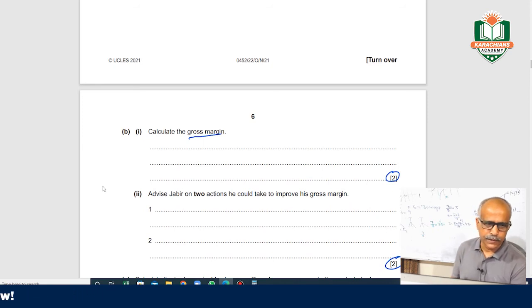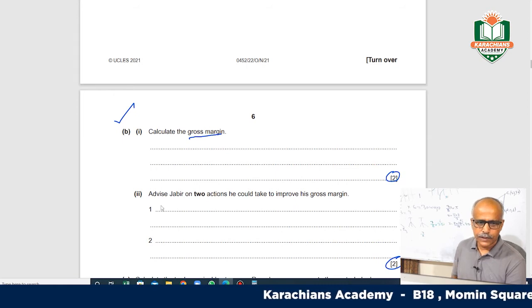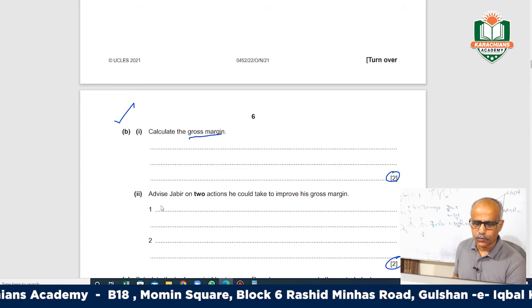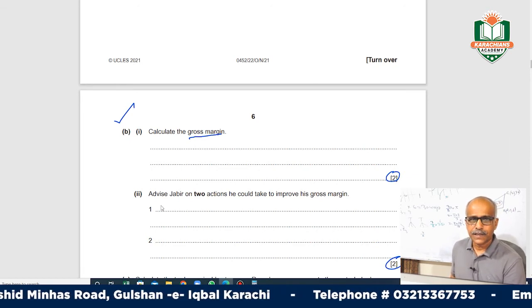So we have done with this B. C. Advise Abel on two actions he could take to improve his gross margin. Actually, if he wants to increase his gross margin, it is very simple.